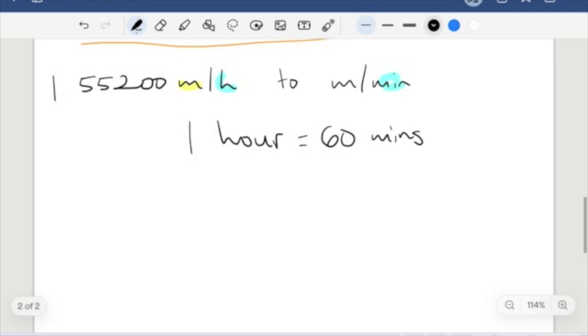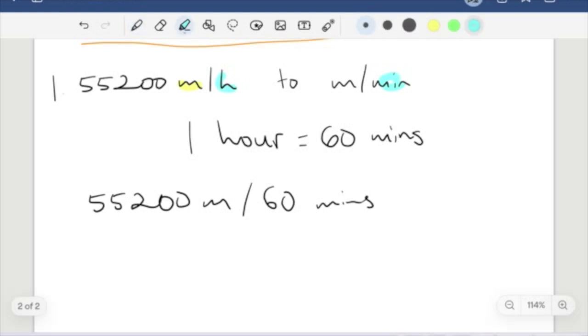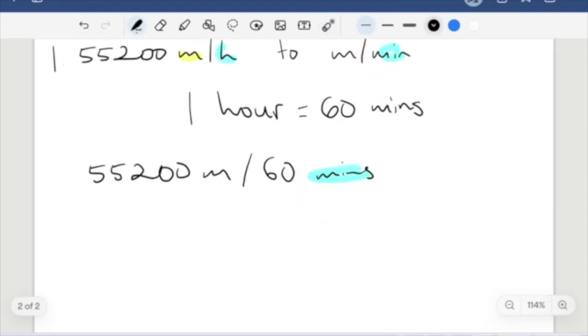With this in mind, we can write our rate on the left here, 55,200. Instead of meters per hour, I'm going to write this as meters per 60 minutes, because there are 60 minutes in 1 hour. And now this is speaking the same language as the one up here. Now we have two things, both in terms of minutes.